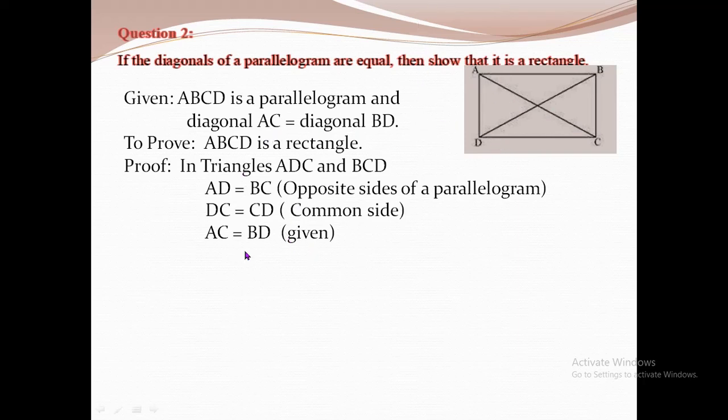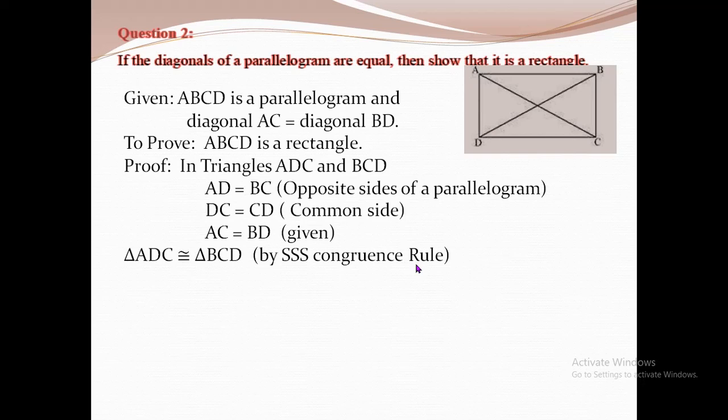So three corresponding parts are equal in both the triangles. All three sides of triangle ADC, AD, DC and AC, are correspondingly equal to sides of BCD, BC, CD and BD. Therefore, these two triangles are congruent by the SSS congruence rule.